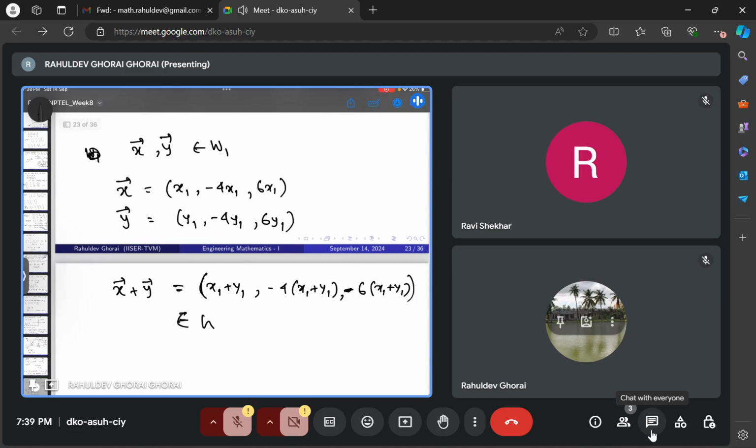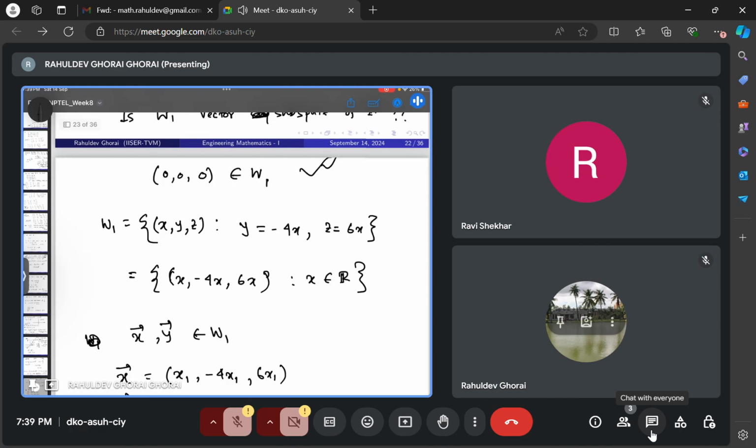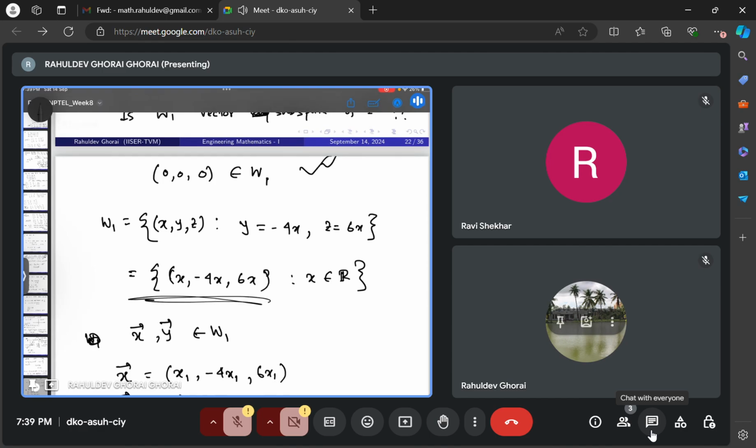So what is this? This belongs to W1, right? Because x1 plus y1 is a real number, because I started with x1, y1, which are real numbers. So one real number, comma, minus 4 times that real number, comma, 6 times that real number, and that is the definition of W1.